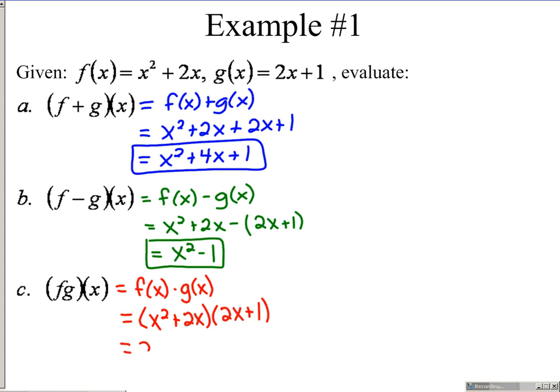We get 2x cubed plus x squared plus 4x squared plus 2x. Continue adding like terms. We end up with 2x cubed plus 5x squared plus 2x.